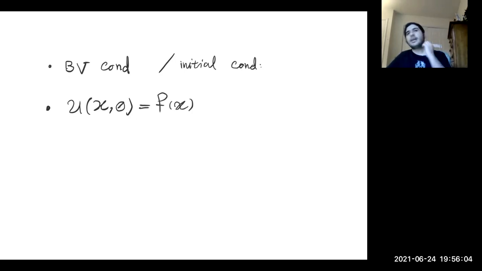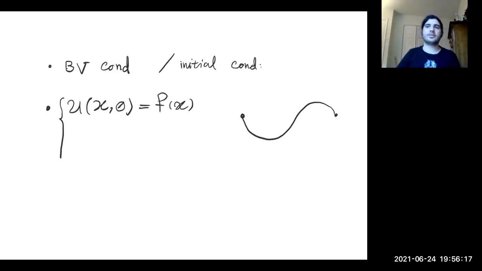But if you remember, the initial condition also has a second part. If they tell us that at time t equals 0 the string looks like this, this is not enough to understand how the string is going to move, because maybe it is going to continue its movement, maybe it's going back down, maybe it's going the other direction.